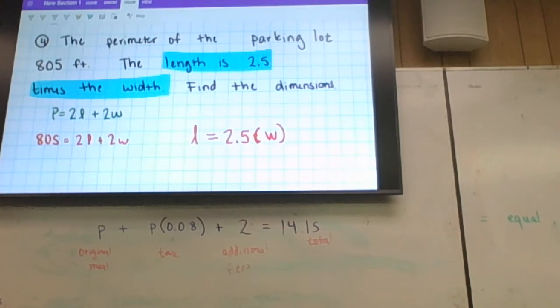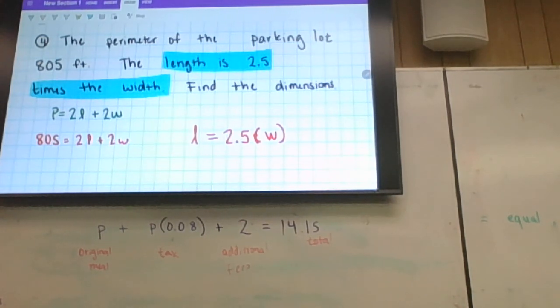Now, who was with me yesterday that can explain the next step? It's a little tricky. Who was with it yesterday? Who could explain this next step? Yes, we're going to substitute in.